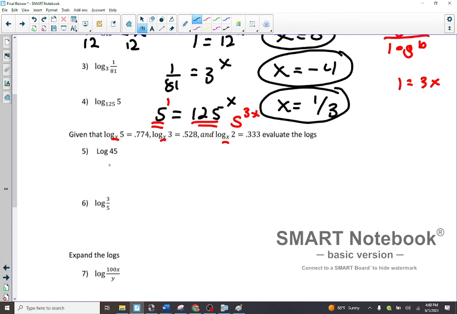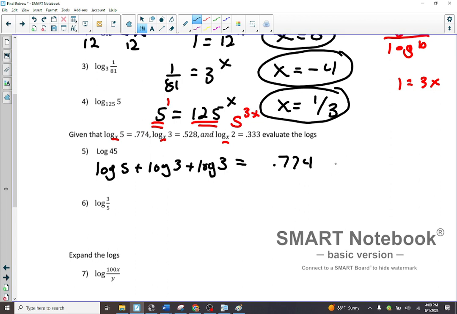In this case, it is the same thing as log 5 plus log 3 plus log 3, because 3 times 3 times 5 is 45. And when you expand, you put plus signs for multiplications. I actually know what log 5 is, it's 0.774.